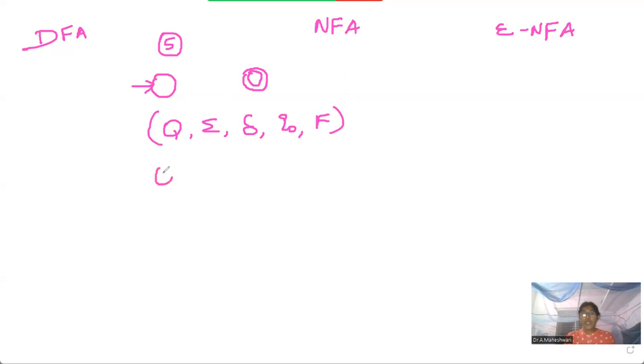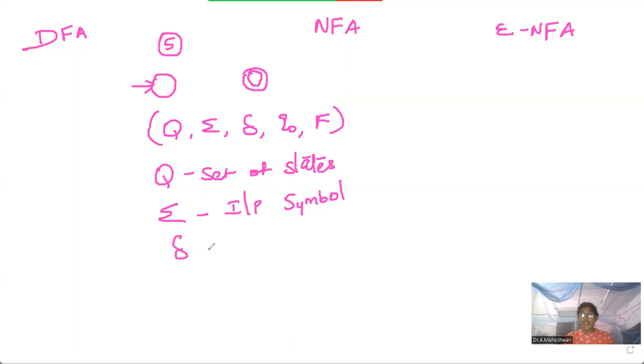So Q is the set of states. Whatever states we use in the automata, we can write here. This is the input symbol, the edge value in the automata. This is the transition function.